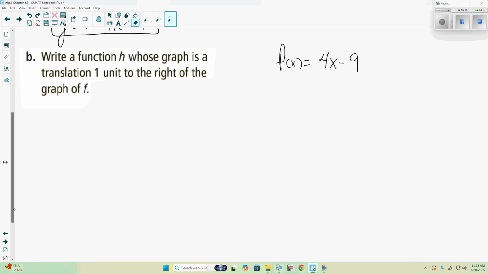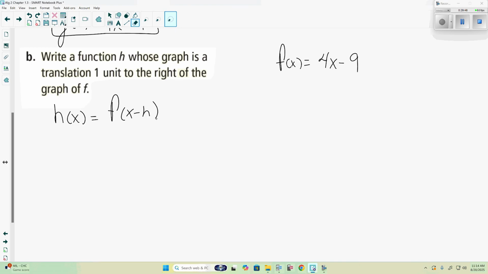So we want to write a function h whose graph is a translation 1 unit to the right of f. Again, h of x is just another way that we can name the function. Now our horizontal, our left-right movement, in the general form we call it f of x minus h, where h is the amount that we move to the left or to the right.